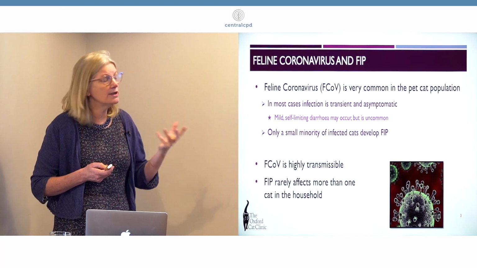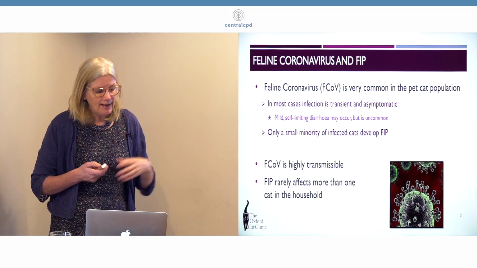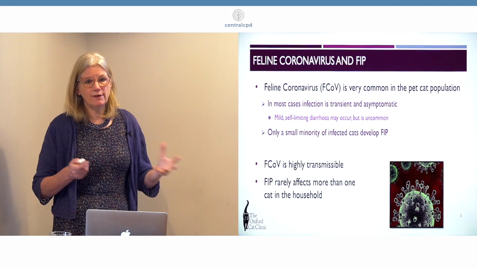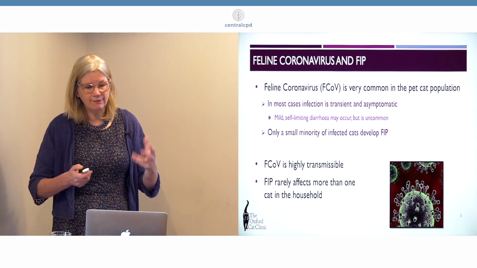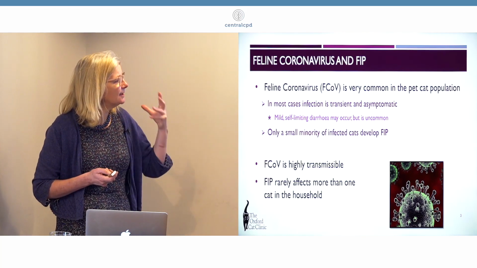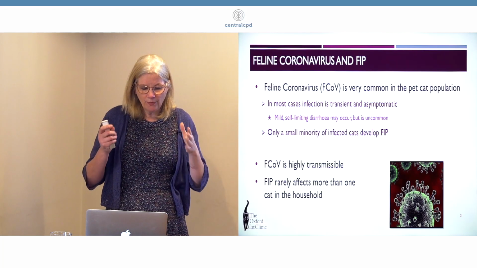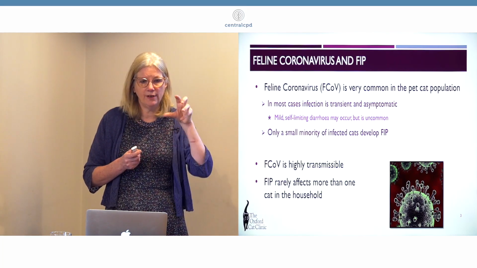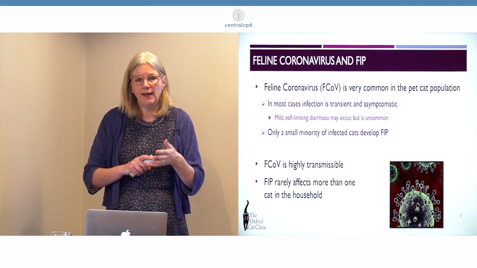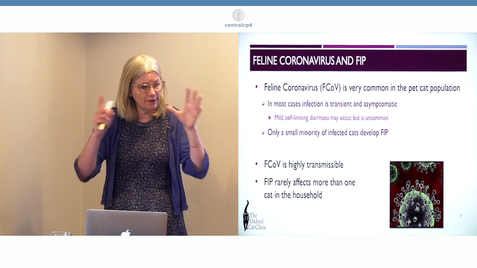And as we know, only a small minority of infected cats will develop FIP. How many cats with coronavirus will develop FIP? Again, debate rages and different studies find different levels, but essentially the risk for an individual cat wholly depends on the environment that cat lives in, how old it is, how many other cats in the environment, its own immune system, all of those factors.